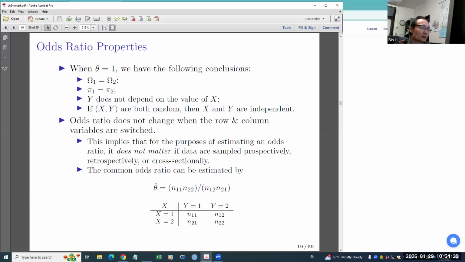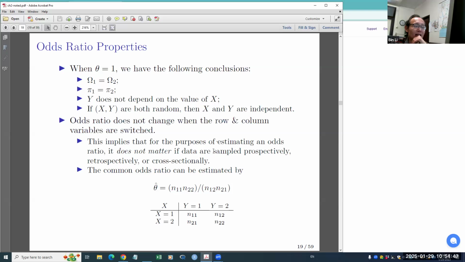The odds ratio does not change when the row and the column variable are switched. So that's the reason that estimating the odds ratio does not depend on the sampling designs.